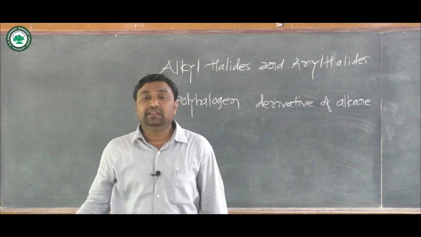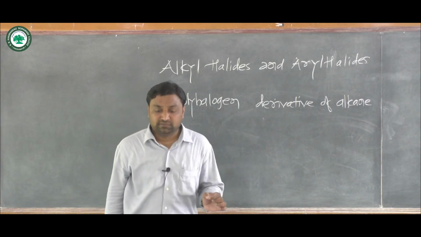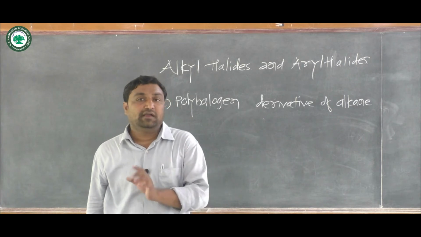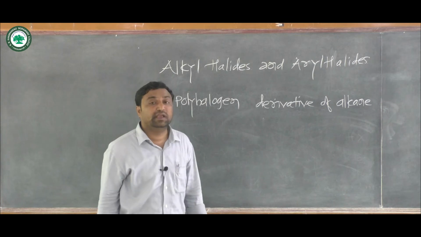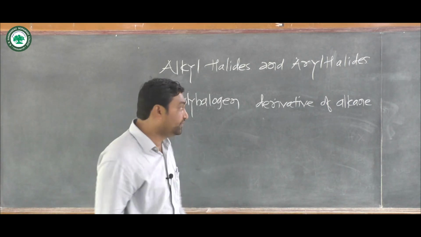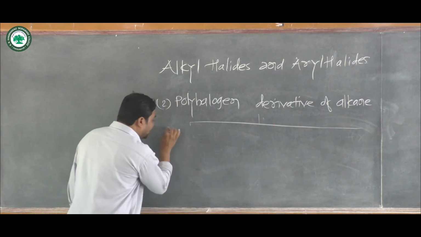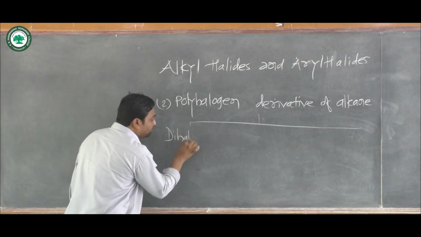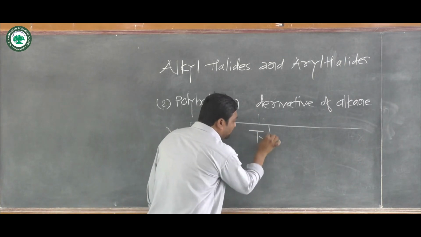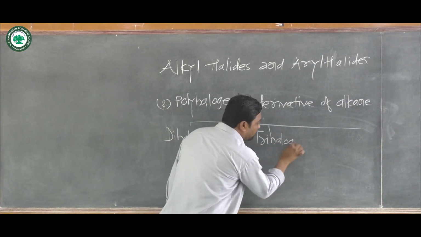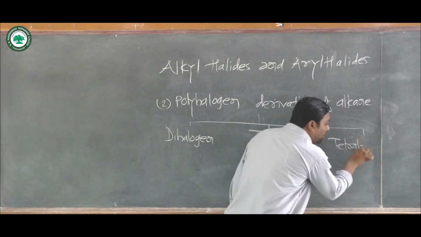Depending upon the number of hydrogen atoms of alkane replaced by halogen atoms, these polyhalogen derivatives of alkane are further classified into three types, that is dihalogen derivatives, trihalogen and tetrahalogen derivatives of alkanes.